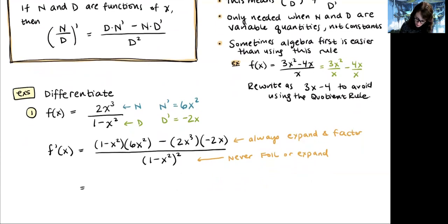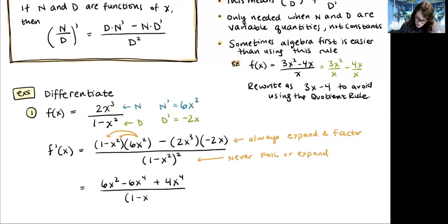So in the numerator, let's work on simplifying that. So let's distribute the 6x squared into the 1 and the x squared. So it'll give us 6x squared minus 6x to the 4th. Then we have minus the product of 2x cubed times negative 2x. So that'll give us a negative 4x to the 4th, but we're subtracting that, so it'll become plus.